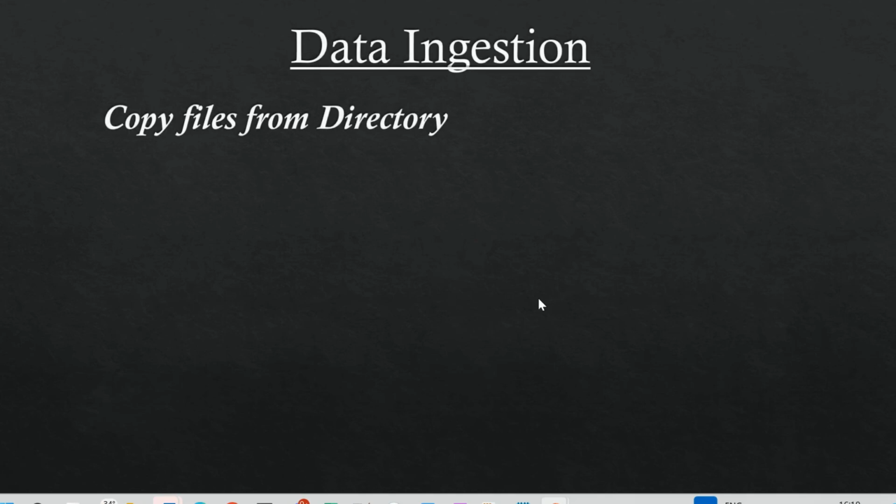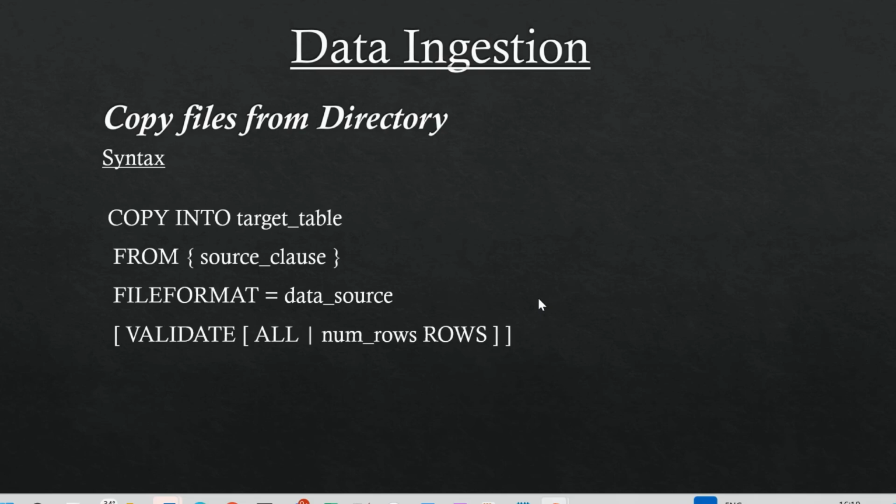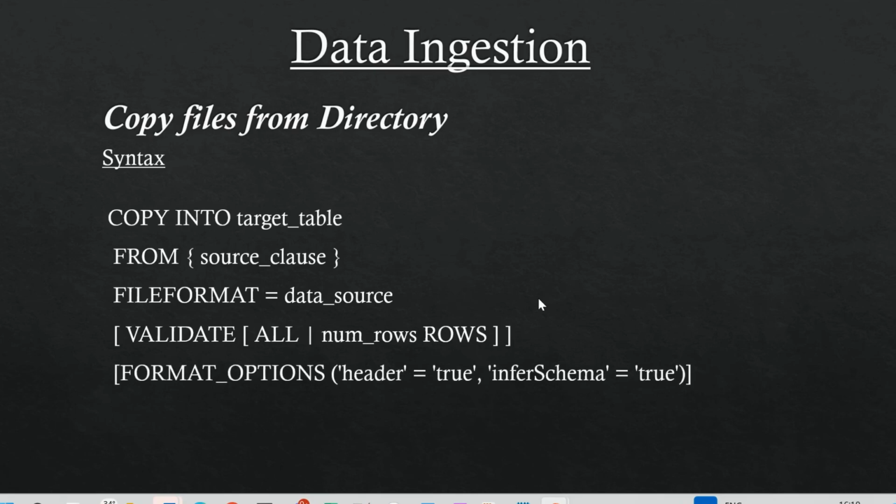So in data ingestion, when you are copying the files from a directory, you mention the COPY INTO keyword and from what source location, and what your file format is. The file format again could be CSV, JSON, Parquet, any file format. And then we have this validate option. I'll mention what the validate option is in the next slide itself. Then we have the format option.